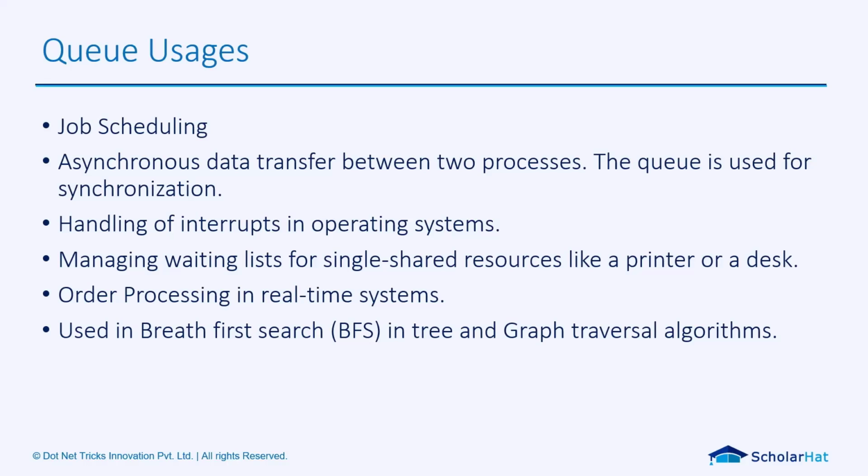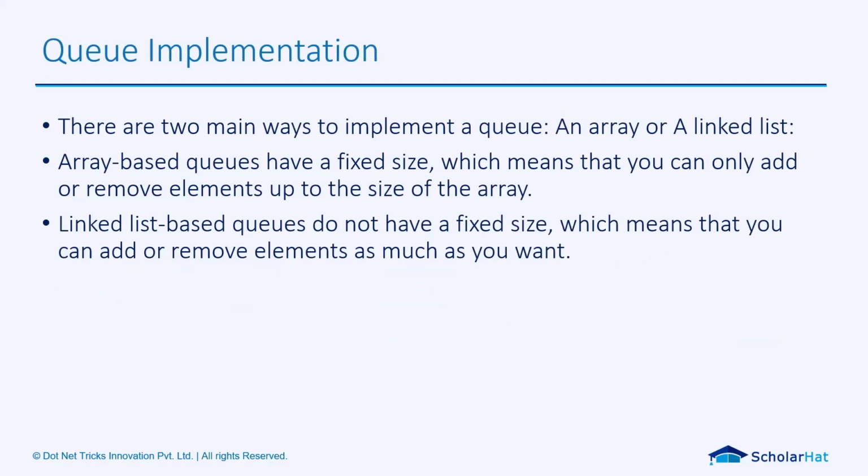We're going to see how the implementation is done, both with the inbuilt data structure and by defining those functions from our side. For queue implementation, there are basically two main ways: an array or a linked list.